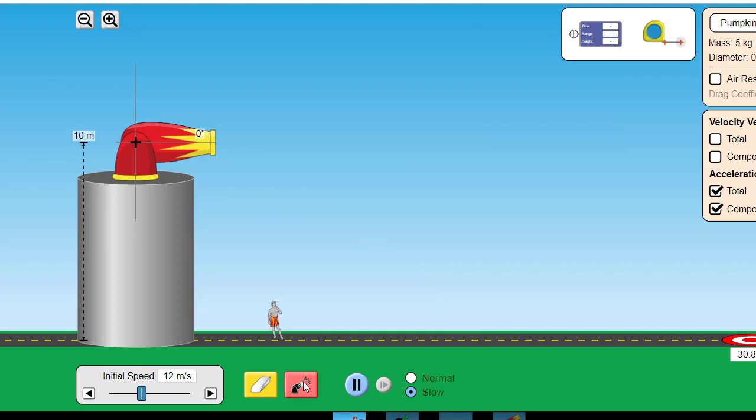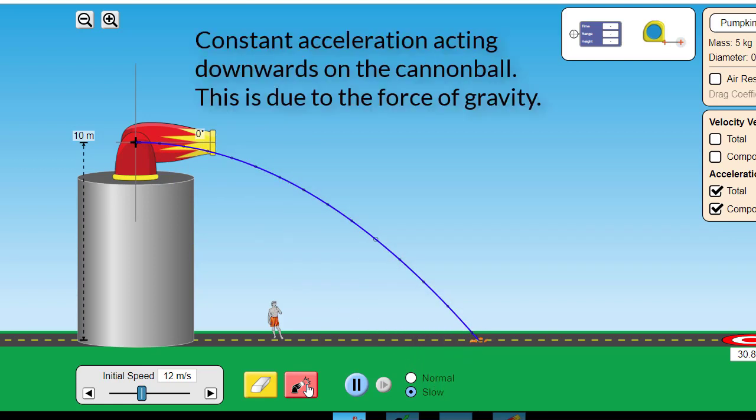Let's analyse the motion of the cannonball by displaying its acceleration. As you can see, the acceleration vector is the same length throughout the flight, and it's pointing always vertically downwards. Now this implies a constant vertical acceleration acting on the cannonball. This vertical downward acceleration is due to the force of gravity.